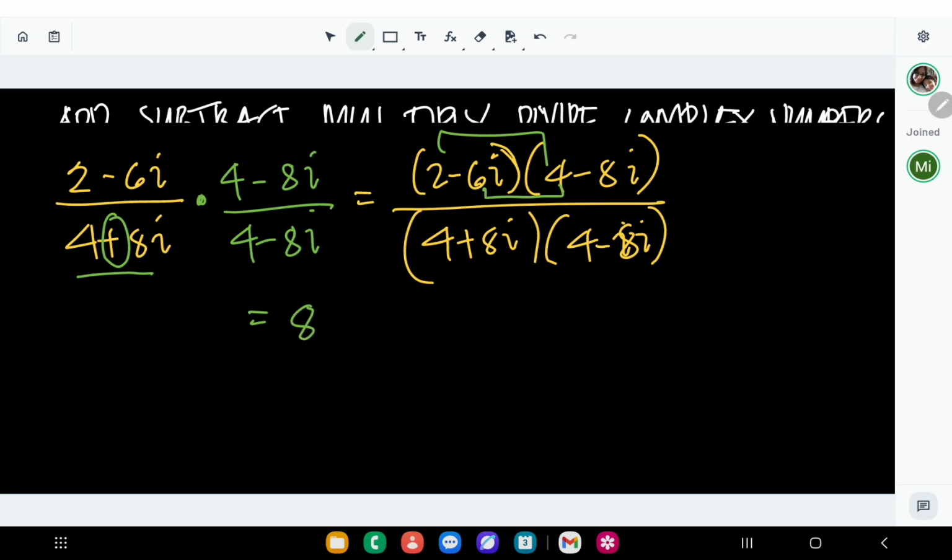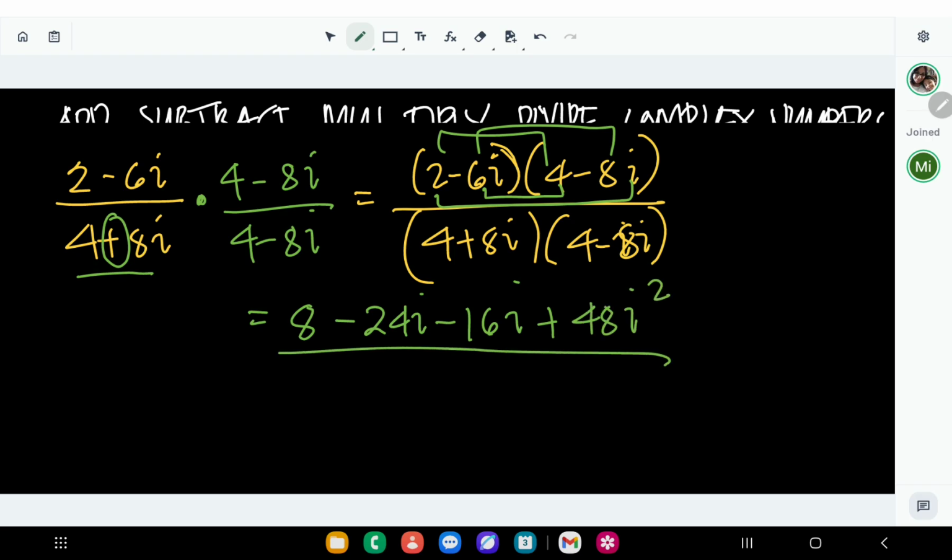Then negative 6i times 4 is negative 24i. Then 2 times negative 8i is negative 16i. Then negative 6i times negative 8i. What is that? 48. So plus 48i squared.